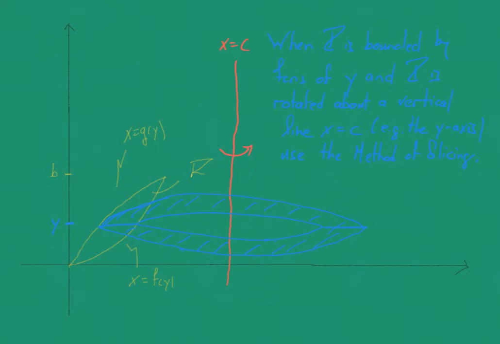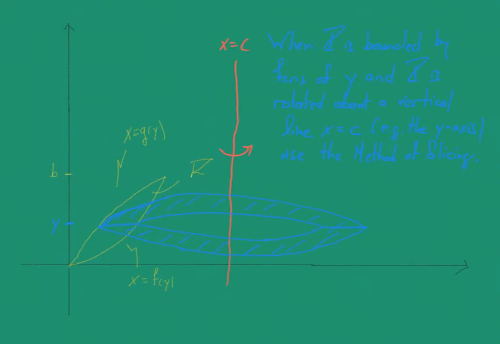What I would try to remember is that if R is bounded by functions of y, for each y corresponding to a point in our region R, in this case y between 0 and b, I would form the horizontal slice at y. I would rotate that line about, in this case, the vertical line x equal to c, and I would see what sort of shape I get. And what I would see is that I would get a nice slice that, in this case, looks like a disc. So, because I got a nice slice, I would use the method of slicing.